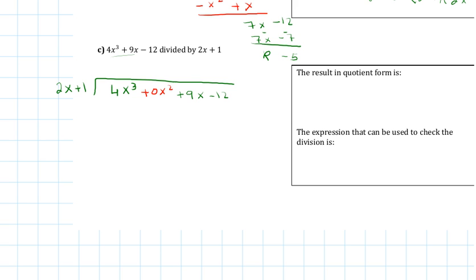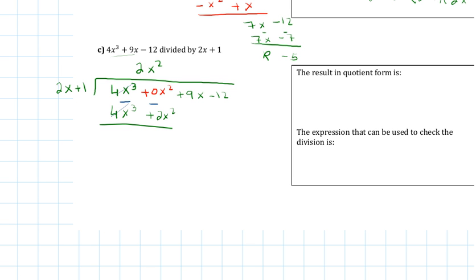First things first, if I divide 4x cubed by 2x, what do I get? I'll have 2x squared. And then I multiply the 2x squared by the 2x, that gives me 4x cubed. And then 2x squared by the 1 gives me 2x squared.